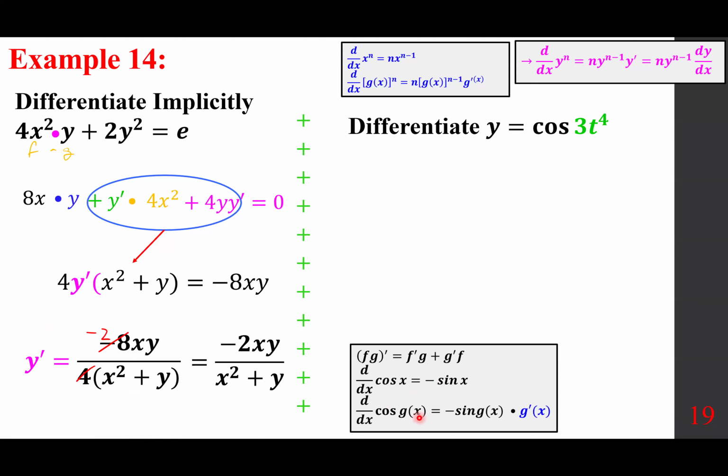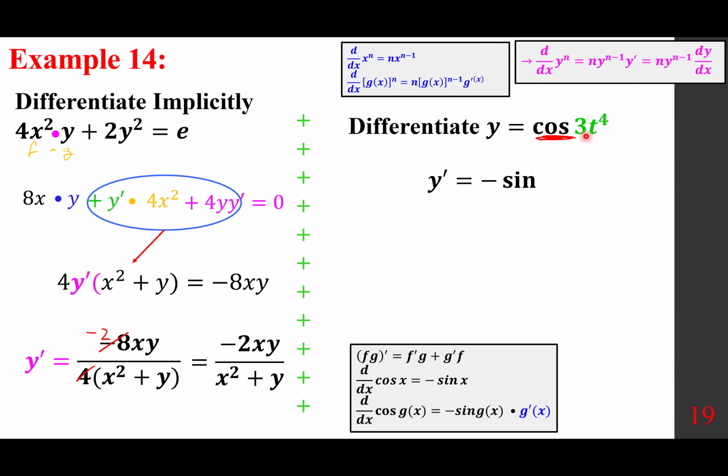The moment I come across sinusoidal functions or trigonometric functions, cosine, I'm going to just pause. I'm not going to continue and say, okay, cosine, the derivative is negative sine. But any trigonometric function is meaningless without its argument. So I must use the same argument. And now the argument I want to differentiate, 12t cubed.